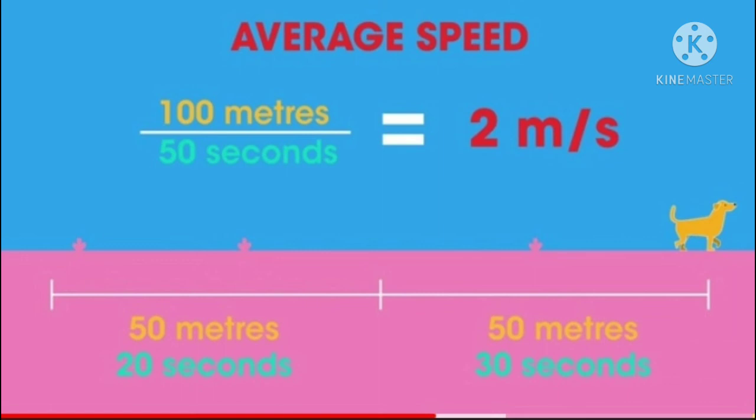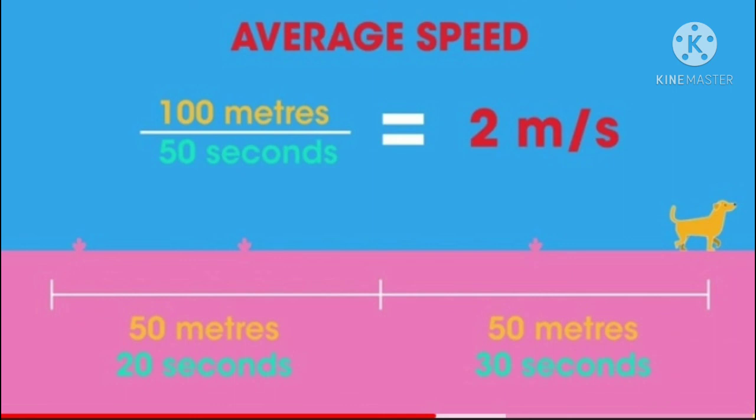In the same way, when we study a class, we look at the average mark, how much the children are scoring, what the average of the class is. So we get a complete idea about all the children of the class. That is what is called average.